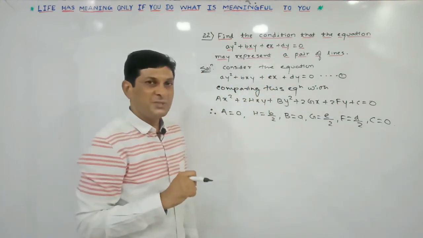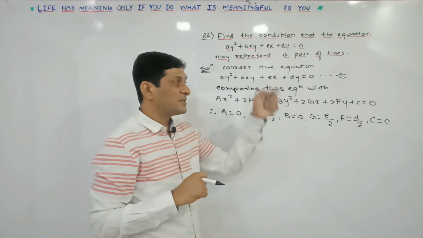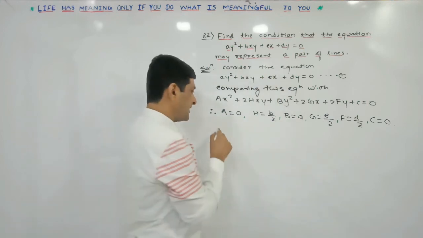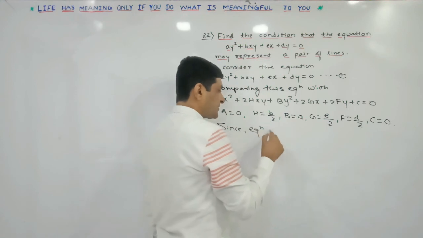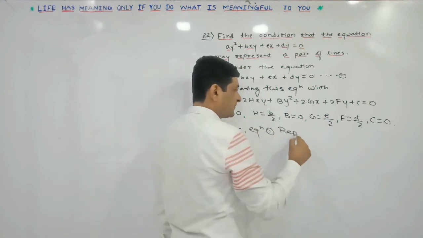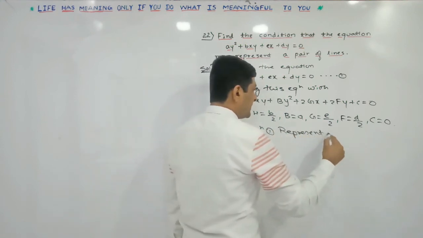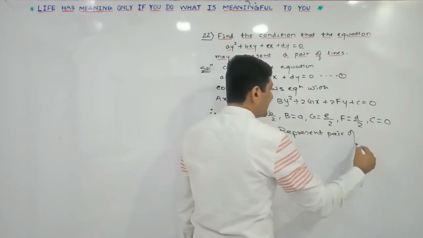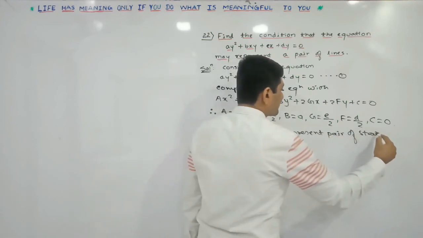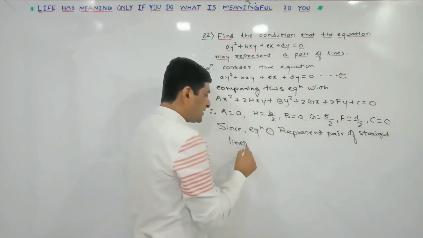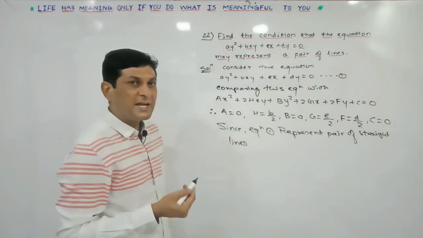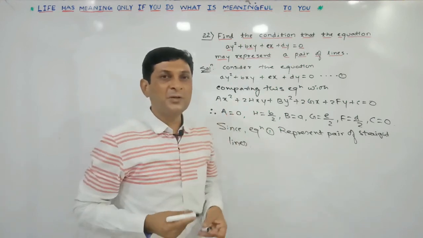So now we are using the given condition that this equation represents what? Pair of straight lines. So since the equation represents a pair of straight lines, at that time the value of the determinant is equal to 0.